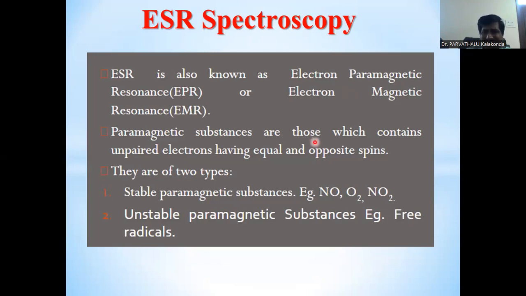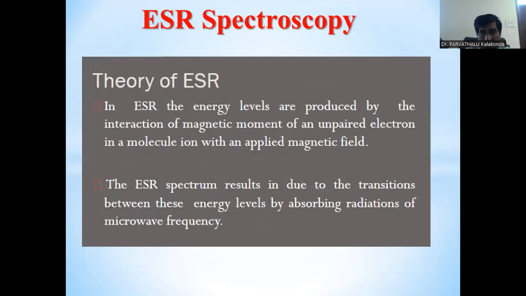The paramagnetic substances are those whose requirement is a valence electron or unpaired electron. The examples which we already discussed: oxygen, NO2, NO, unstable paramagnetic substances, or free radicals also show ESR spectroscopy.